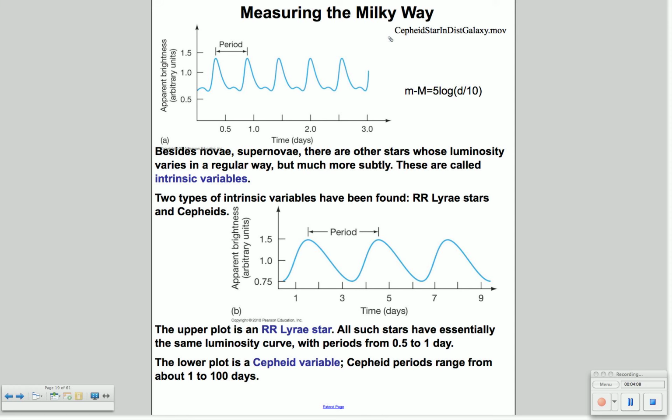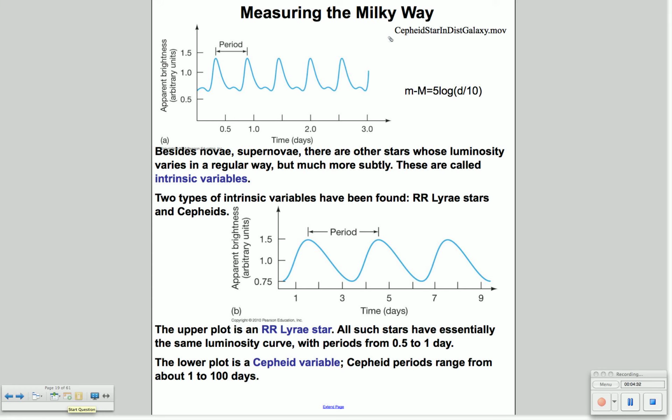There are two types of these variable stars called RR Lyrae stars and Cepheids. RR Lyrae stars have essentially the same luminosity curve with periods from about half a day to 1 day. Cepheid variable stars have periods a little bit longer, from about 1 to 100 days.